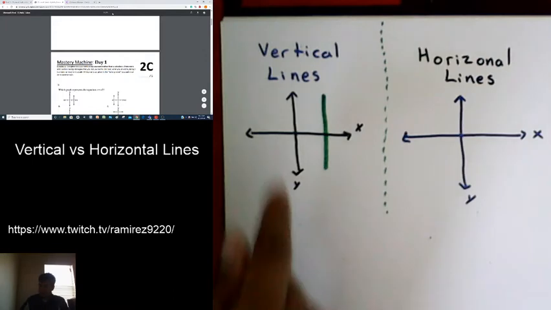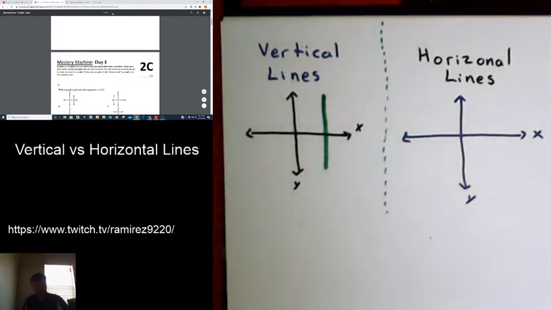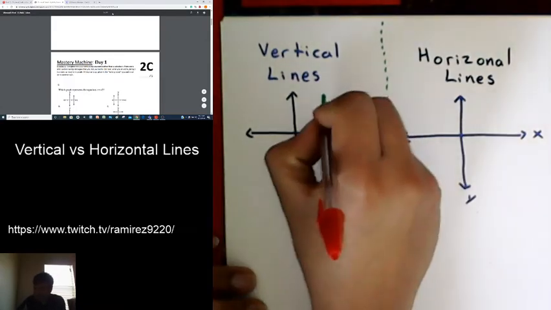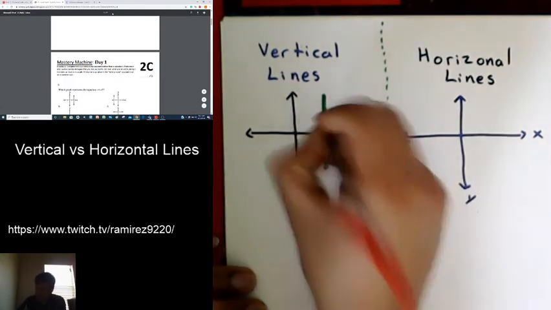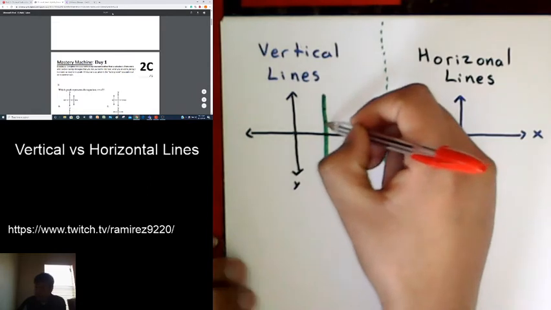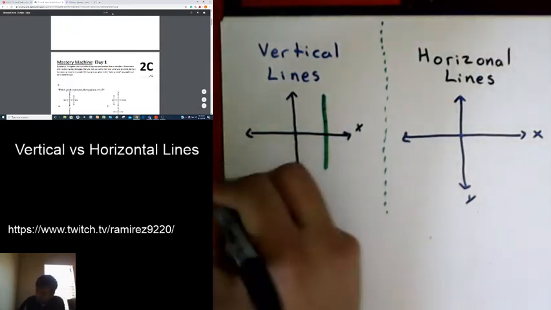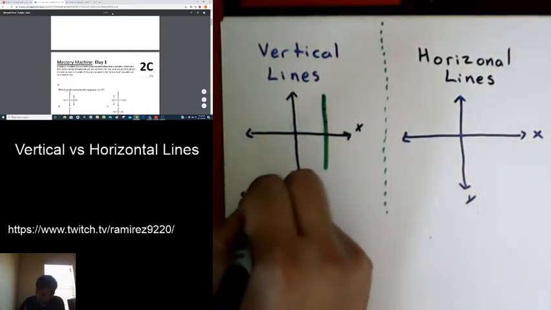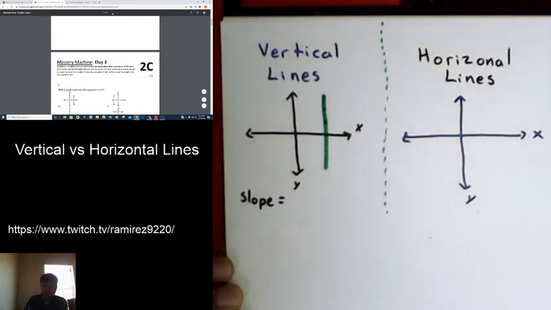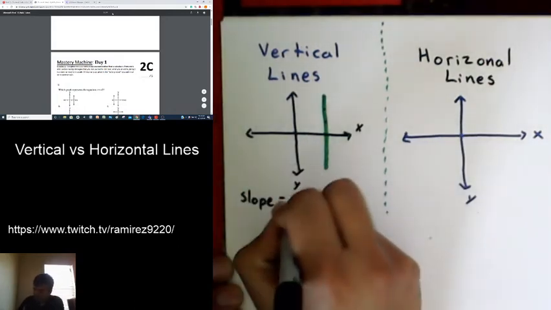If you notice, if I was to try to find the slope, meaning that I tried doing rise over run, and I was to pick two random points from here, there's a rise, but there's no run. And so we are essentially dividing by 0, right? Because rise over run. So your slope, anytime we're looking at something like this, our slope, which is rise over run, we're dividing by 0, and so we say it's undefined.